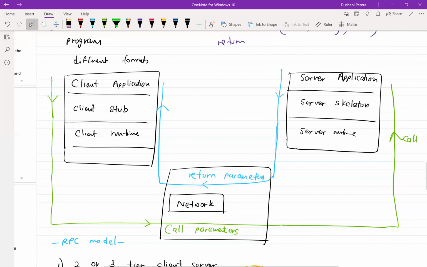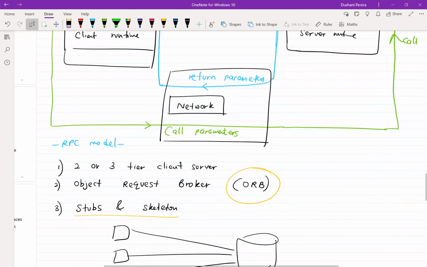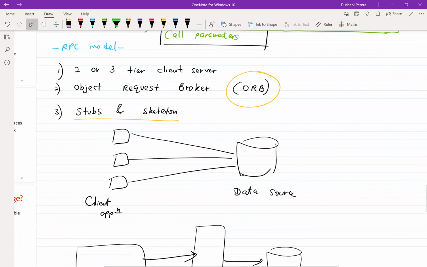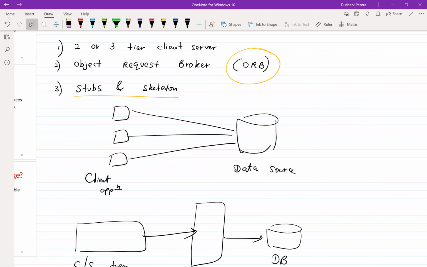And then here we discussed the RPC model to say how the client side communicates with the server side by passing messages and so on. Finally, we came across another example scenario where an ORB, which is a middleware, is used to establish a connection.